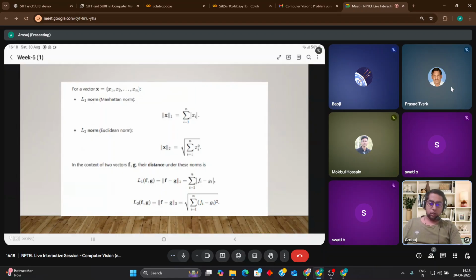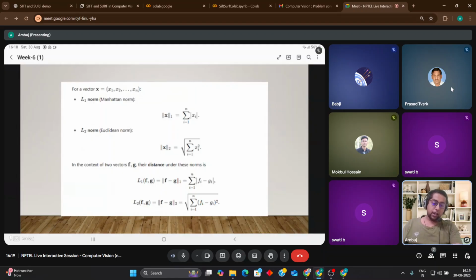So f has been given here, g has been given here, and d. In this manner, you can compute the differences of the values in a tabular format. Then f minus g, the modulus of that: differences we have calculated, mods we have taken.